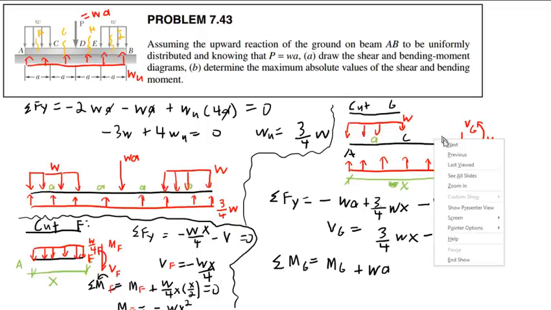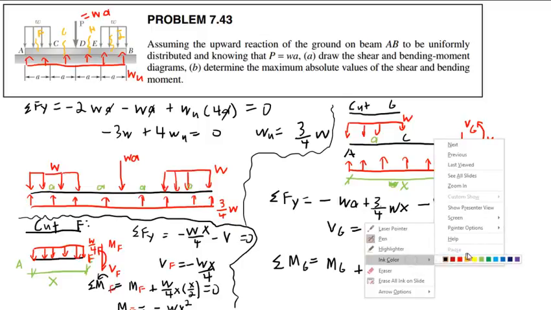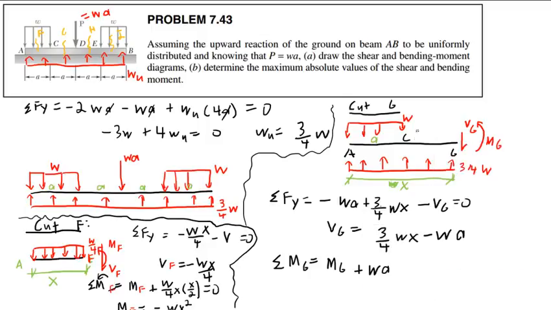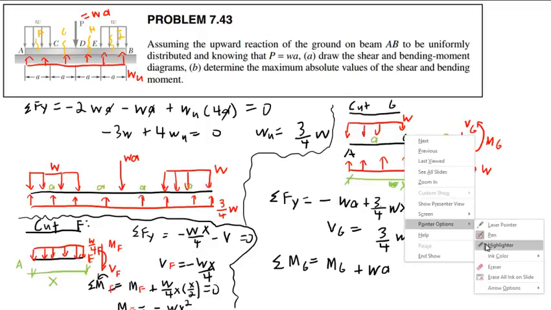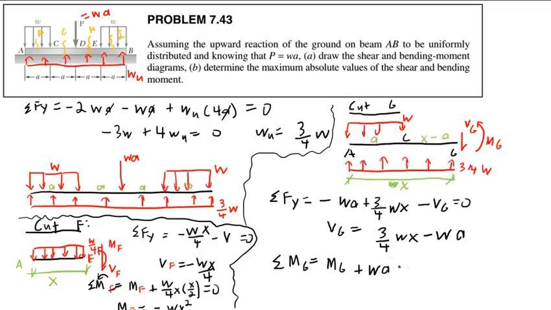This distance here must be x minus a, times a distance. WA is the equivalent point load of this, and its location will be right in the middle of that. So a total distance of x minus a plus a over 2.